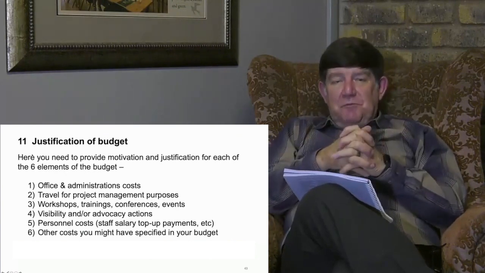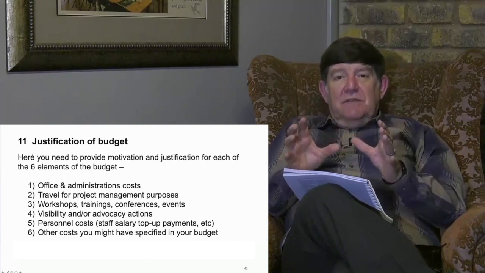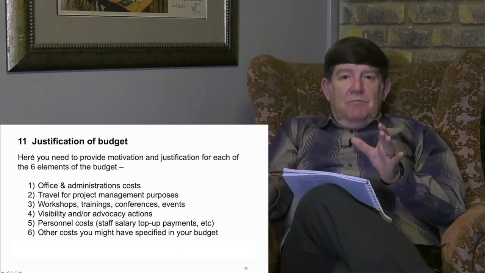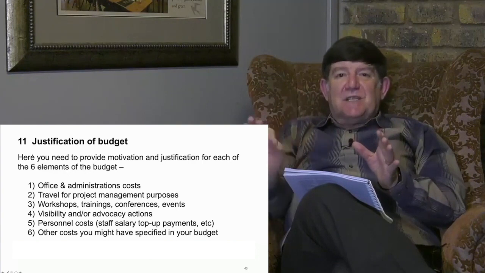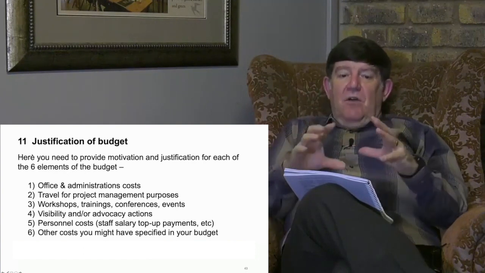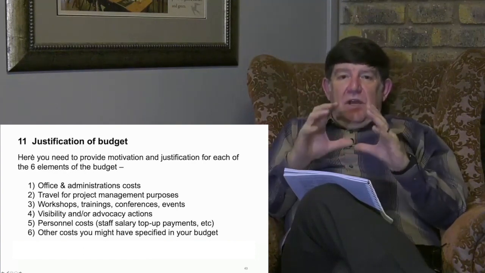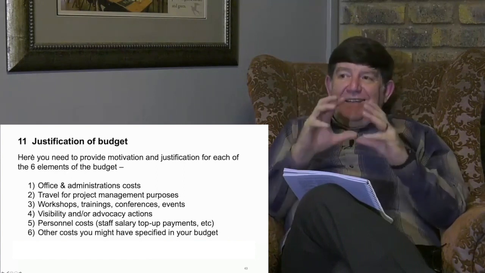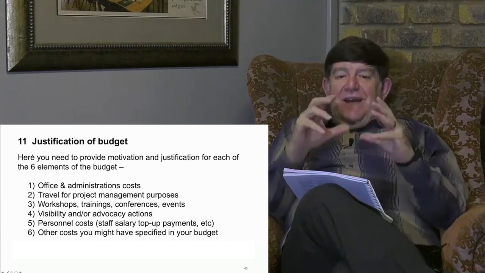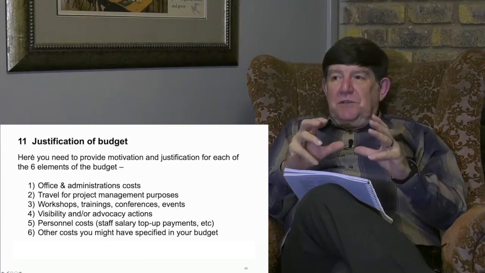justification of the budget. In the budget itself, there was the right-hand column where you justified each expenditure item. Now, in your application, the last half a page is a narrative, motivation and justification of your budget.